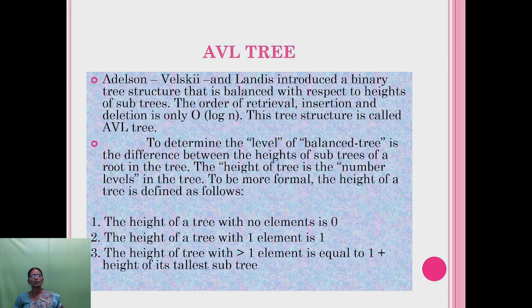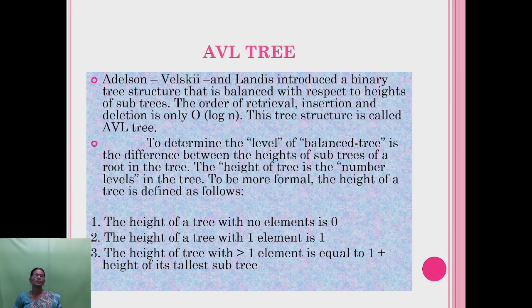Another thing is the AVL tree. Normally the AVL tree is also known as a balanced tree. In these tree structures, retrieval, insertion and deletion all depend on the height of the subtrees.